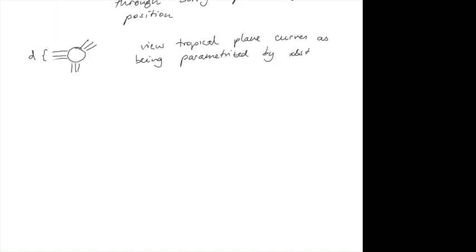For the degree, it was the number of ends in the 3 special directions. And then we viewed tropical plane curves as being parameterized by an abstract graph, an abstract tropical curve, I should say, which is a metric graph.